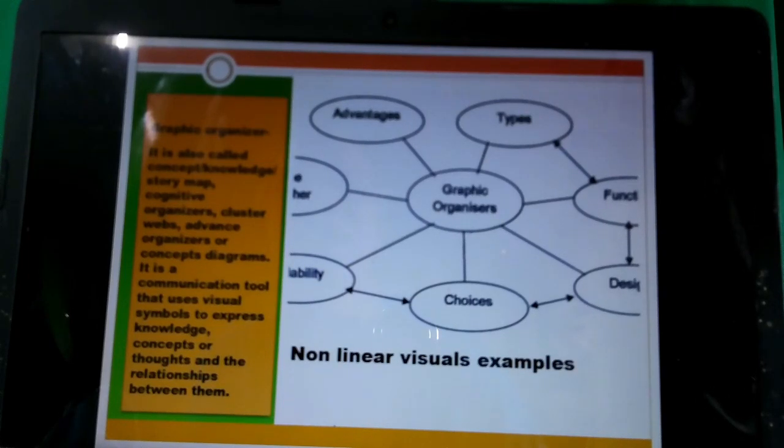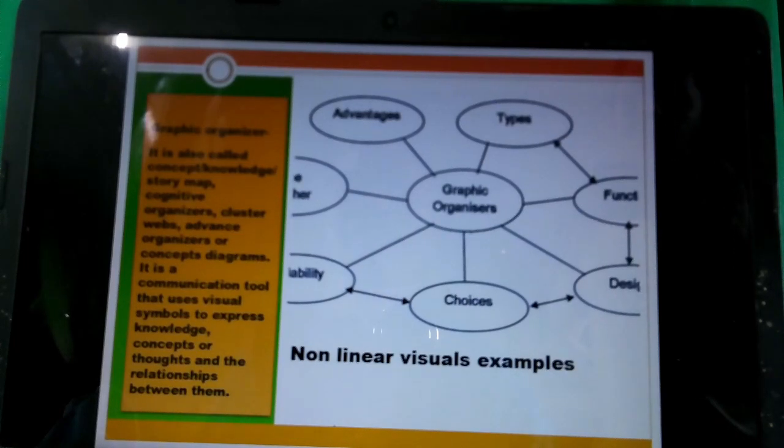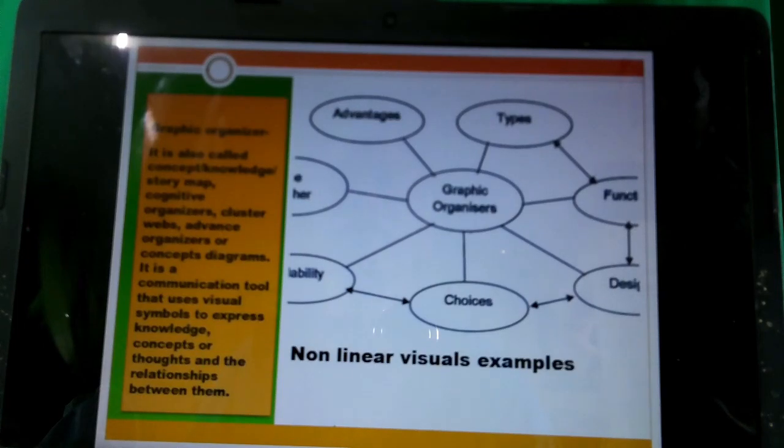It is a communication tool that uses visual symbols to express knowledge, concepts, or thoughts, and the relationships between them. So we have this in our English class, the web. We have the webbing, because it's like a spider web, interconnected to each other. Okay, so that's one of the nonlinear visual examples.